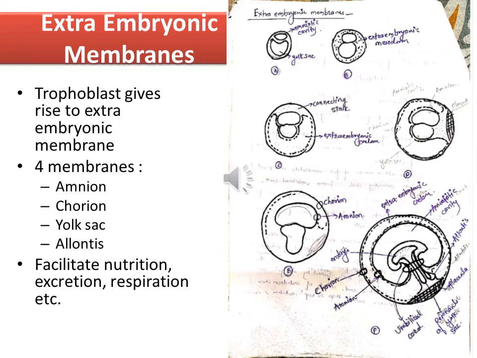So if you have the diagrams of gastrulation with you, keep those diagrams also. In the first one, I have shown the amniotic cavity is formed, the yolk sac is formed. So in the later stages there is a development of extra embryonic mesoderm.